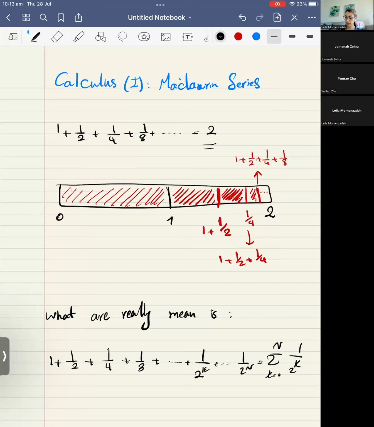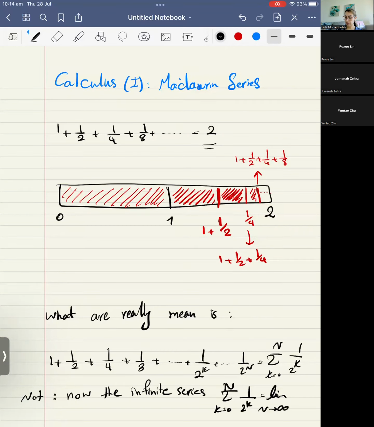Note the finite series: summation k equals 0 to n of 1 over 2 to the power k is equal to the limit n to infinity of summation k equals 0 to n.